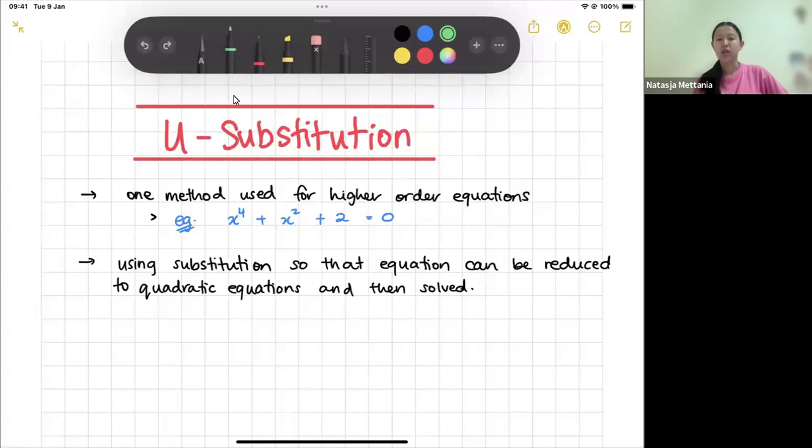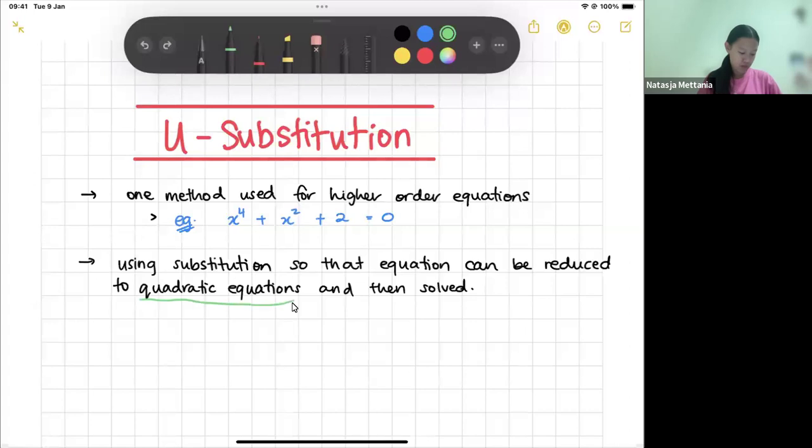U sub, which is how I like to call it, or U substitution, is used for higher order equations. Just going to reiterate that one. It's basically using substitution so that the higher order equation can be reduced to a quadratic equation, meaning that I'm reducing that x to the power 4 to an x squared.